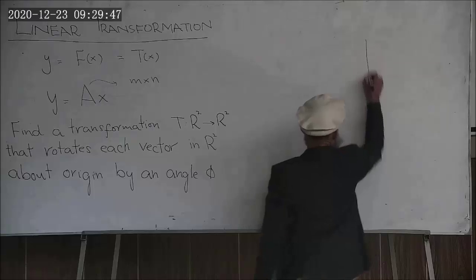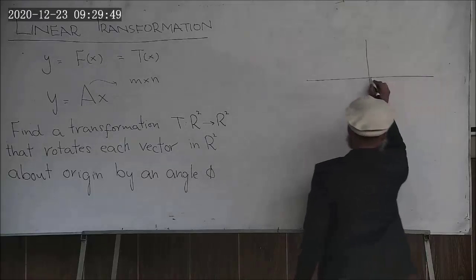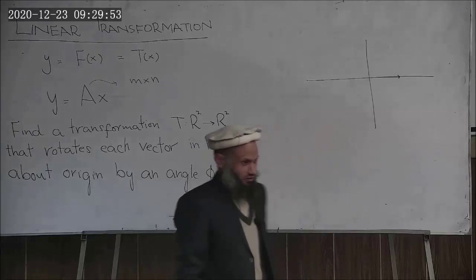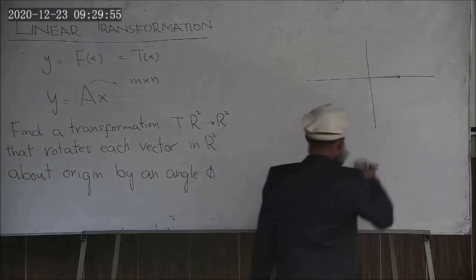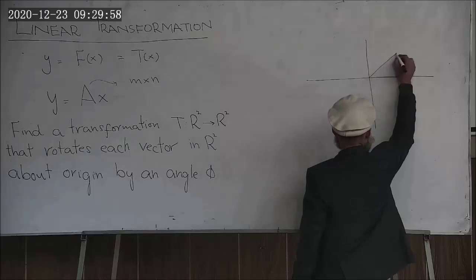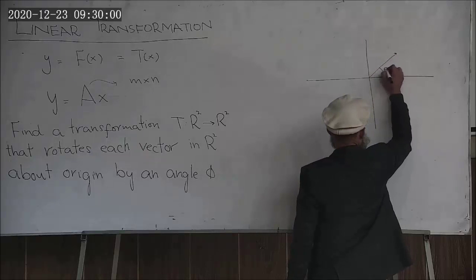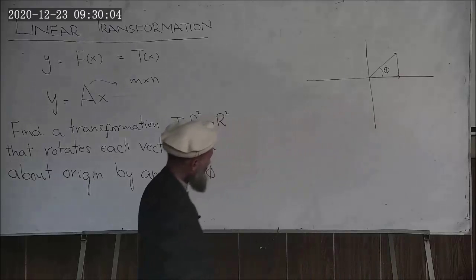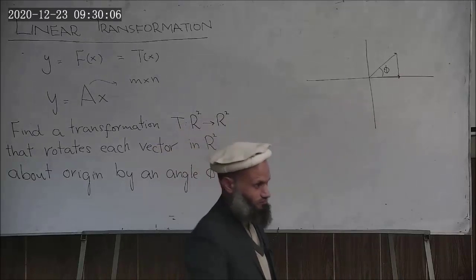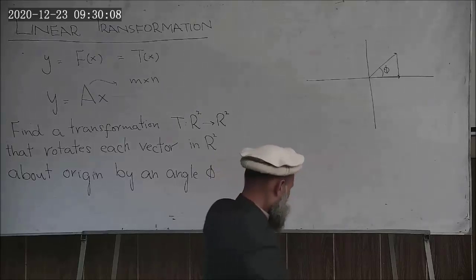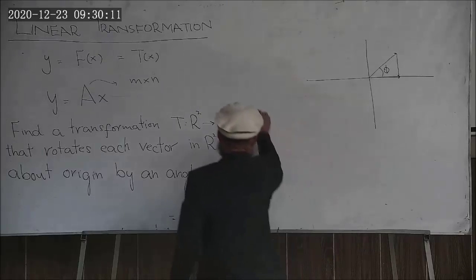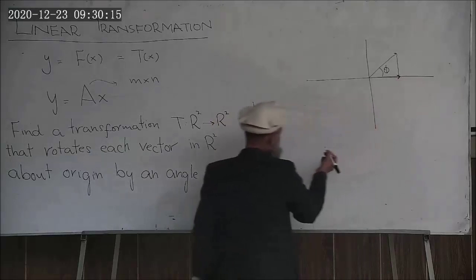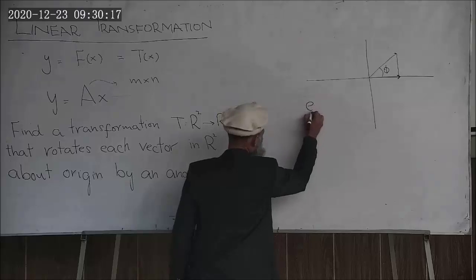Let's take this vector, and this transformation will rotate it by an angle phi. So how to find that transformation? If we name this vector, you can give it any name, let's say E1.